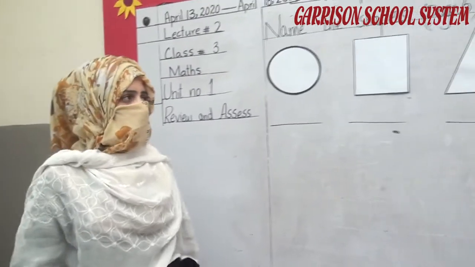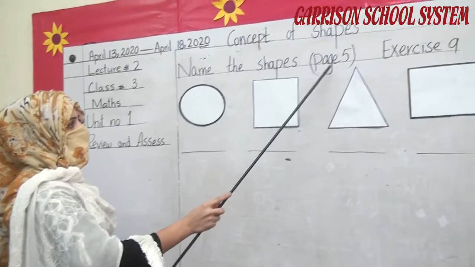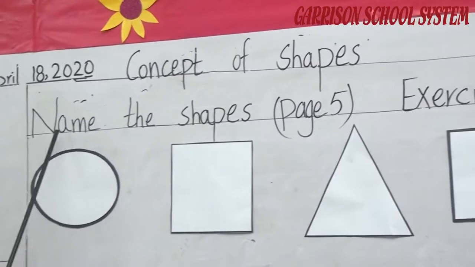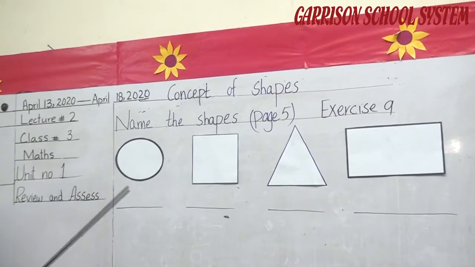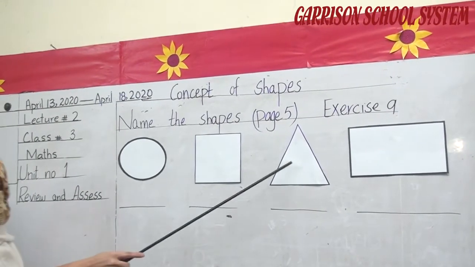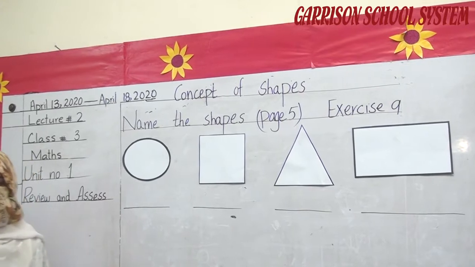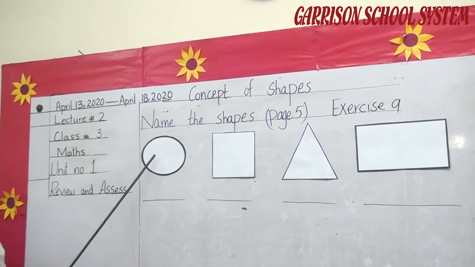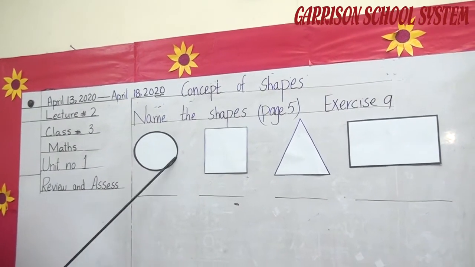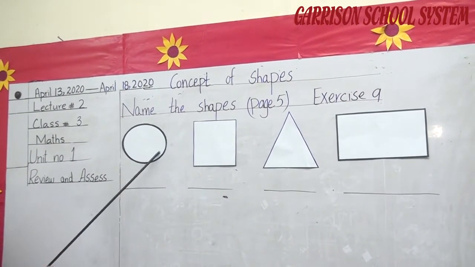Okay students, now next exercise number 9, page number 5. The exercise is name the shapes. Here are some shapes. Students, all of you know which shapes these are. In previous classes you have learned about these shapes. So which is this shape? As you know, this shape is completely round.